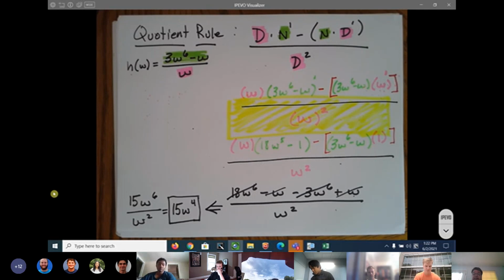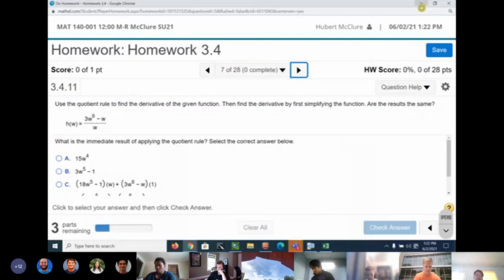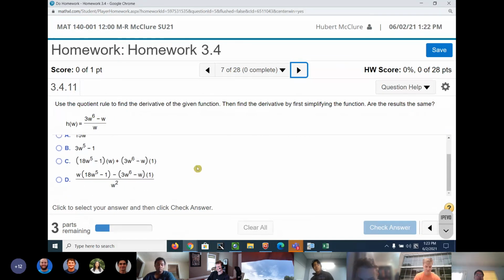Question, gripe, complaint. Now we are in the root of the test right here. These two problems we just did with the power rule. Now you're talking about the test. These are test questions. And I'm going to make sure you get at least 10 or 15 of these on the test.